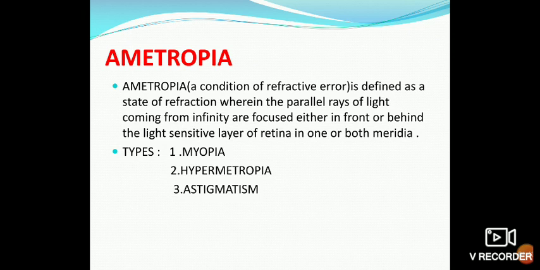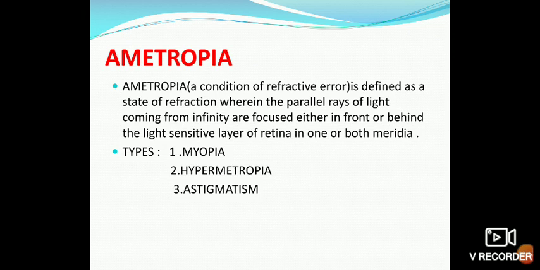The optical function of all these optical elements of the eye is to focus the incoming light rays on the light sensitive part of the retina, that is the fovea. Okay, this is the function of these optical elements, but it does not always happen. Sometimes these incoming light rays are focused either in front of the retina or behind the retina, or sometimes in one meridian they are focused at one point and in another meridian they are focused at a different point.